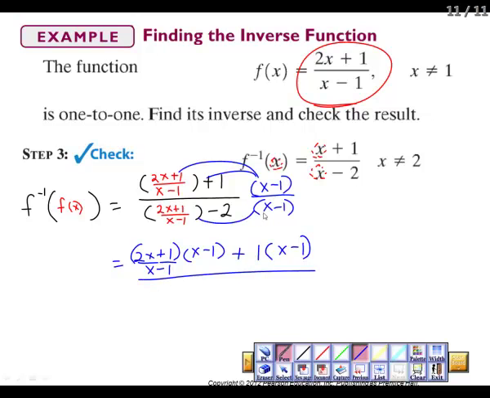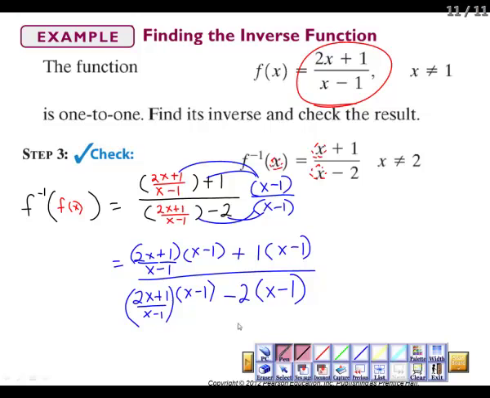We're going to distribute it there. So this will be 2x plus 1 over x minus 1, and we're going to multiply x minus 1 there, plus, and then this will be a minus 2 times x minus 1.